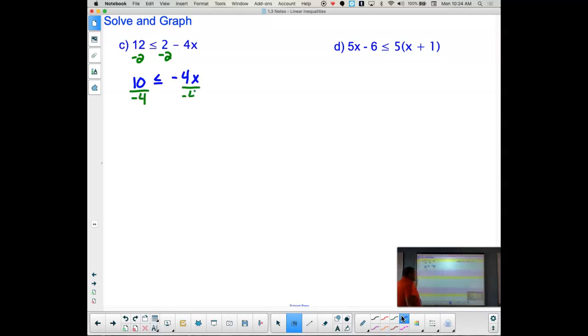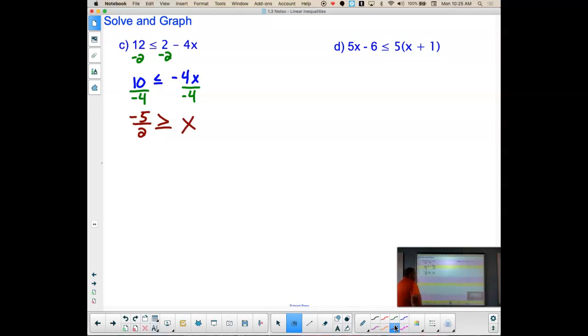Dividing by a negative is going to switch my sign to a greater than or equal to. 10 divided by -4, both 10 and 4 can be divided by 2. So that gives me -5 halves here, and that gives me x over here.